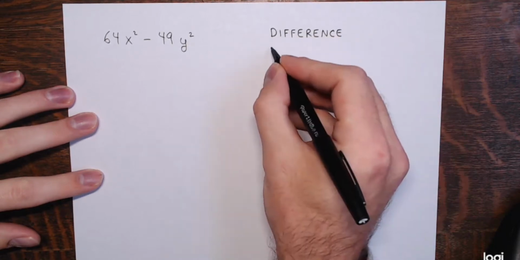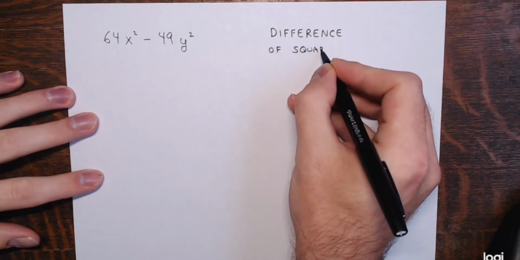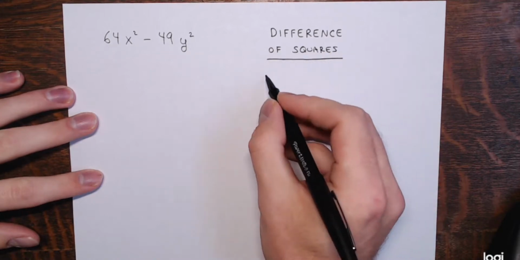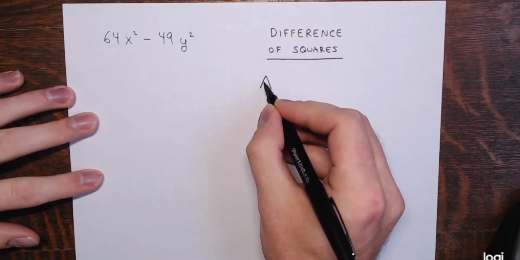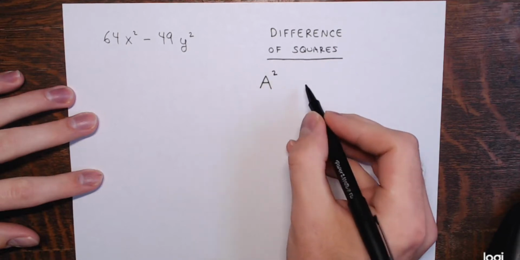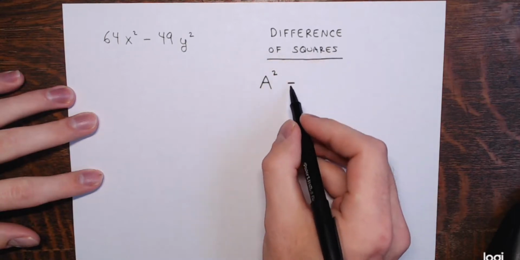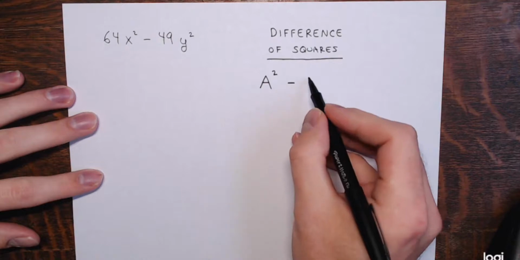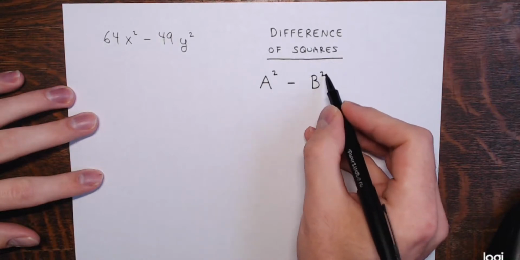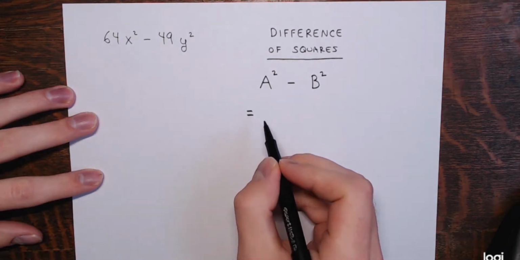If you have some expression, say a squared, minus, since it's a difference of squares so subtraction is involved, and then some other expression squared, say b squared, then you should be able to factor that.